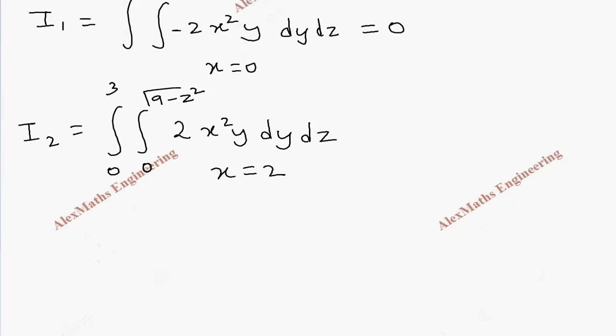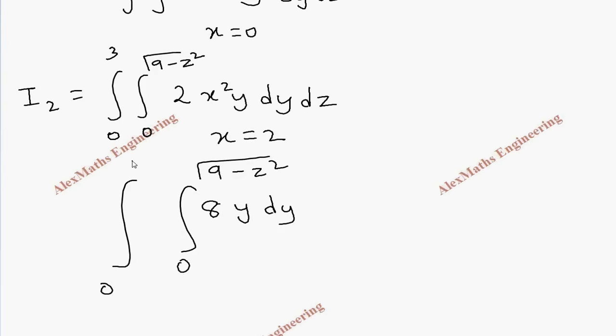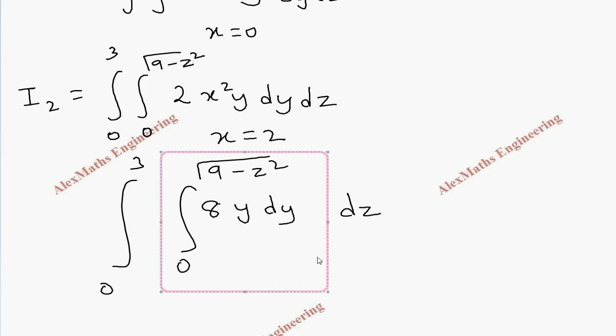Now we substitute x, which is 2 here. 2 square is 4, 4 2s are 8. So it is the integral of 8y dy from 0 to root of 9 minus z square, then the integral from 0 to 3 dz. First we evaluate with respect to y.